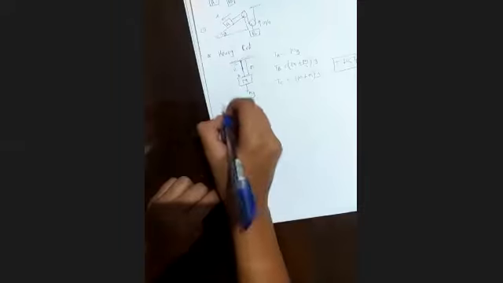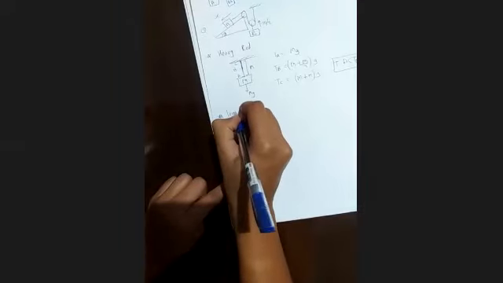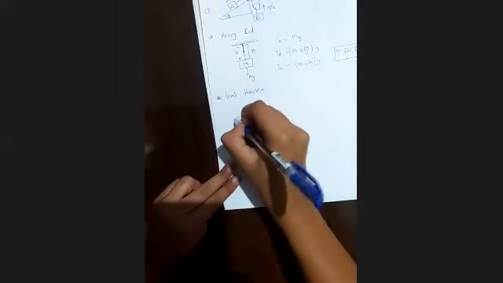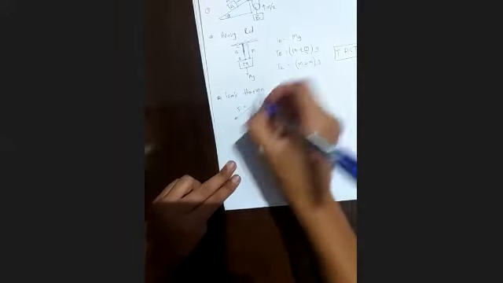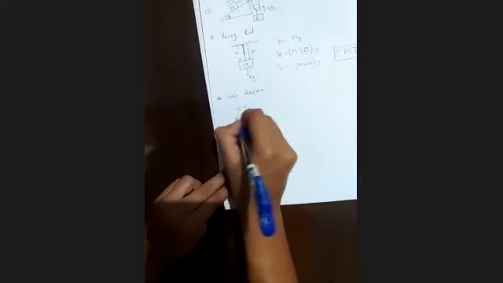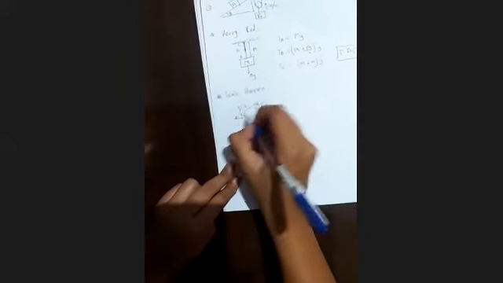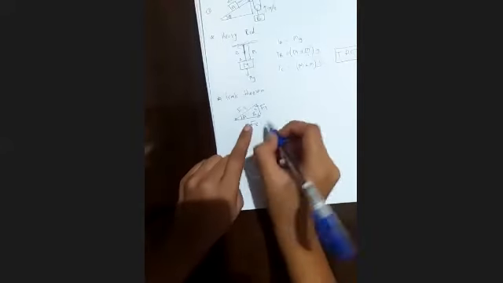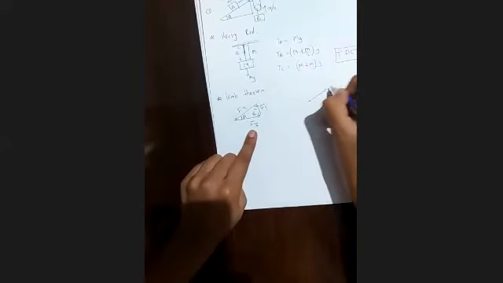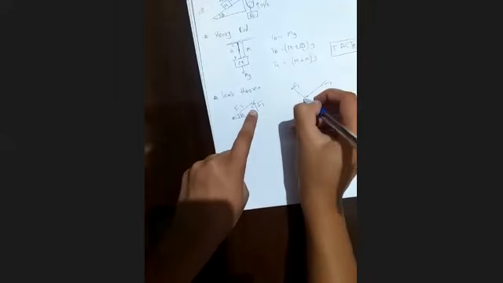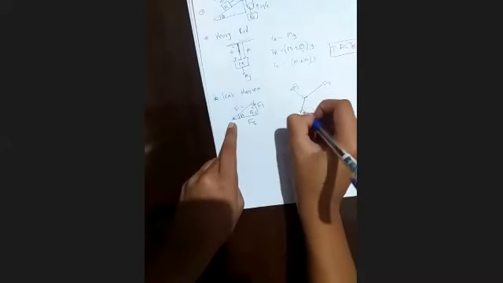So next we will see Lami's theorem. Suppose here is force F2, and in this direction F3, and in this direction F1. Here is angle C, and here is angle B. Sorry, A, and here is angle B. We can also draw this like this: F3 in this direction, F1 in this direction, and downward this is F2.